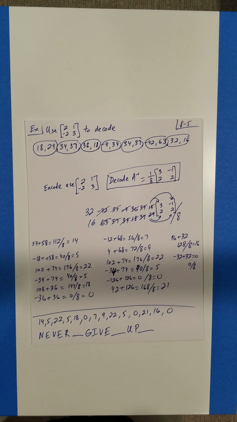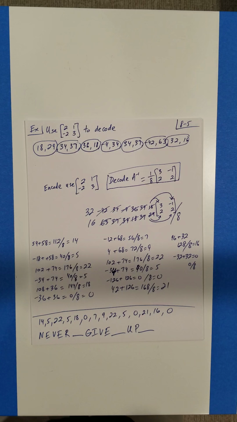Use the next two numbers, negative 4 and 34. Multiply in, I get negative 12 and 68. That gives me 56 divided by 8, which is 7. Negative 4 times negative 1 is 4, and 68. That gives me 72 divided by 8, which is 9. So 7 and 9. I'm done with those. Cross those out. Next, 34 and 37.